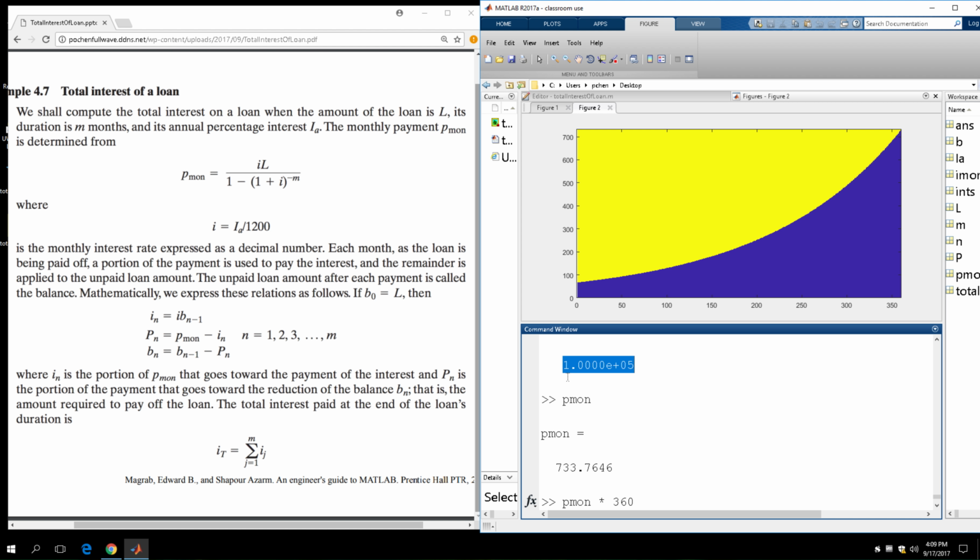The principal is just 100,000, but the amount of money that you're paying back to the bank, including all the interest, is 264,000. It's a lot higher than the amount of money that you are borrowing from the bank. So the bank makes money this way, and it makes a huge profit this way.